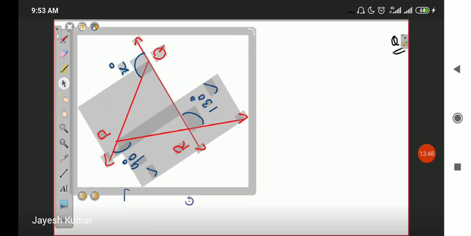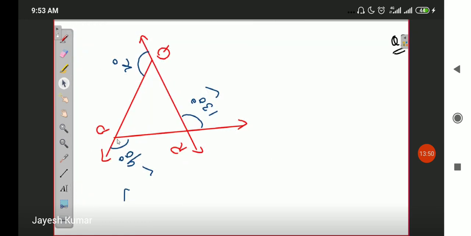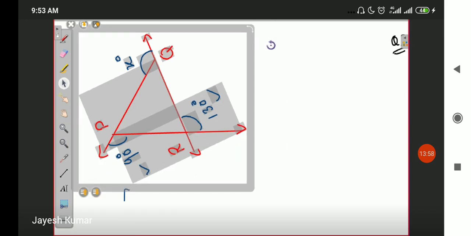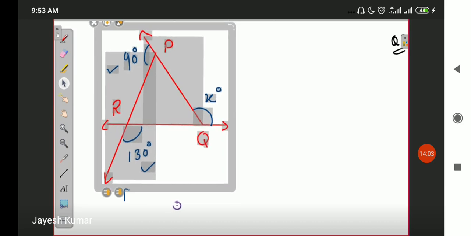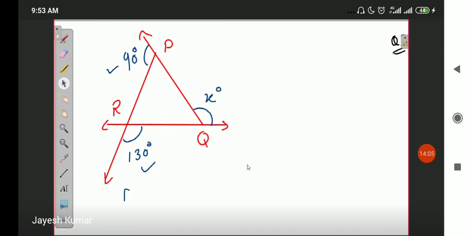Again, for line RP, as you can see in the diagram, the exterior angle again is below the line. And finally, for line RQ, once again the exterior angle is below the line.